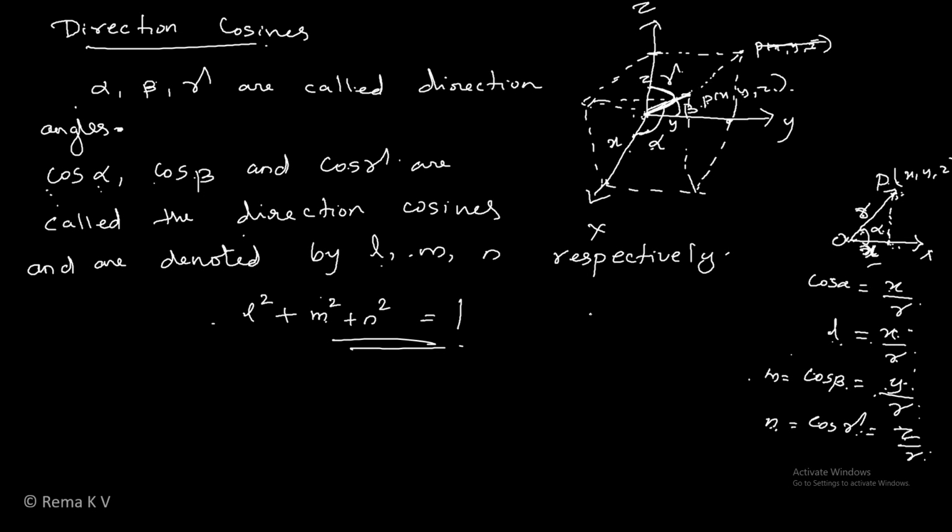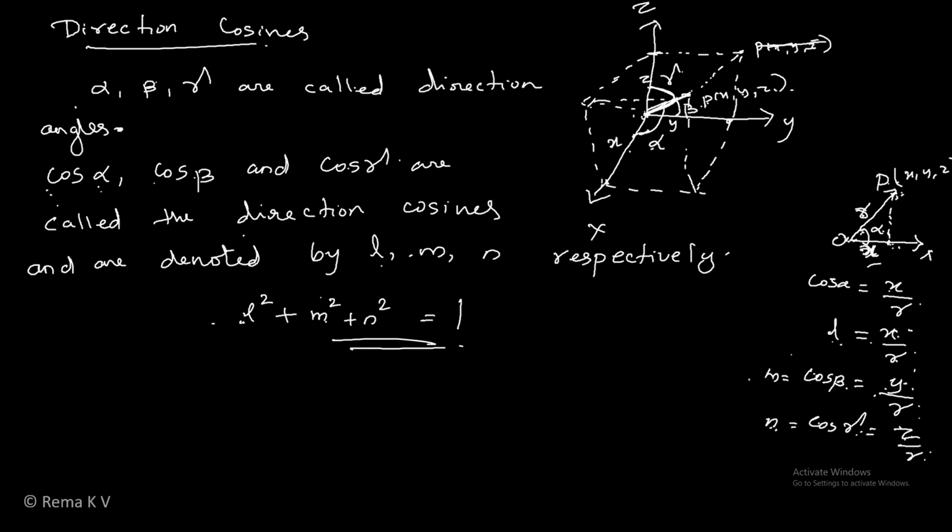Is it clear? Always you have to remember this. L, M and N are the direction cosines.